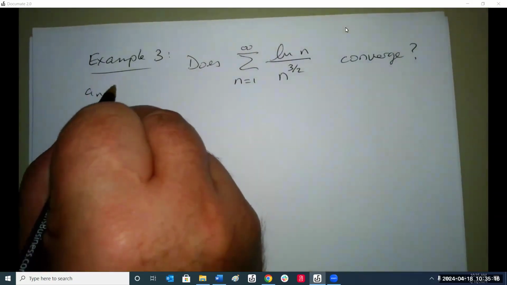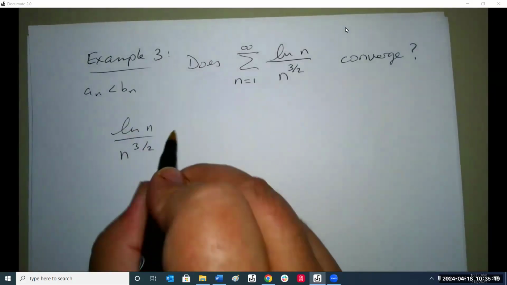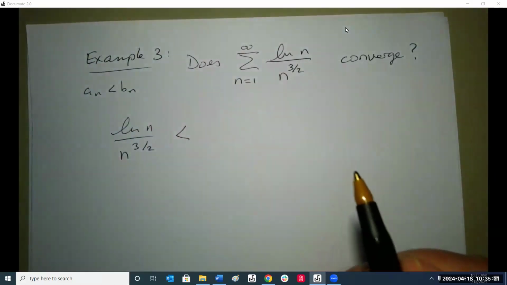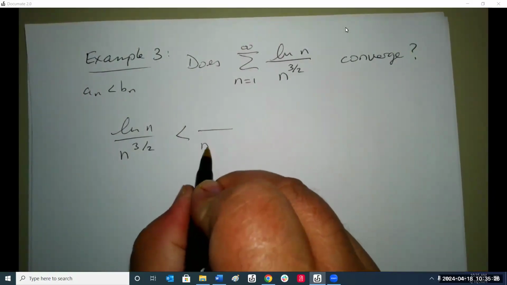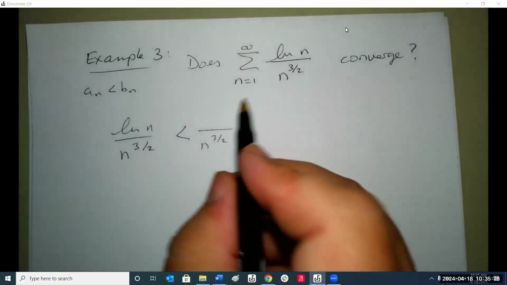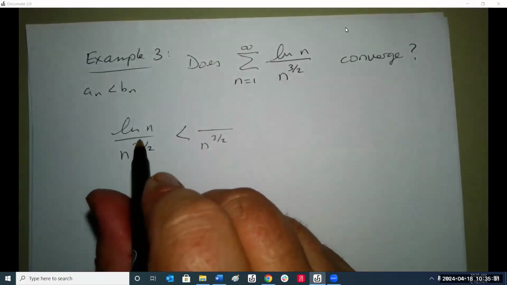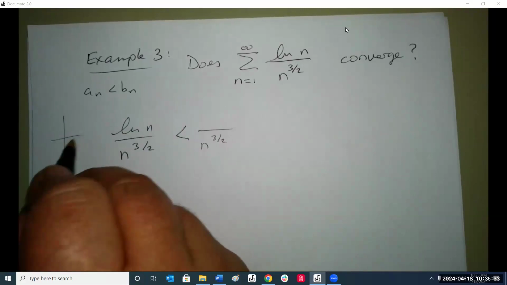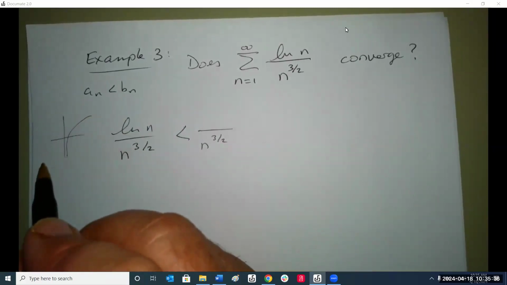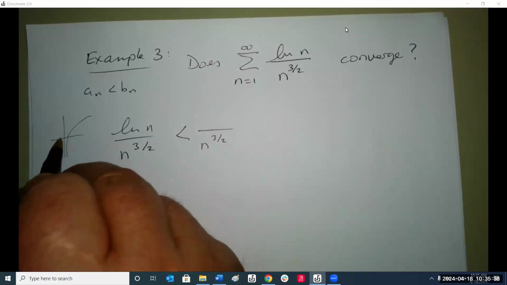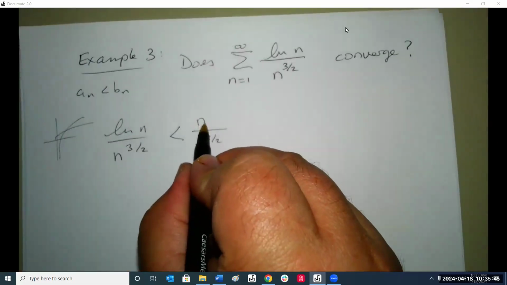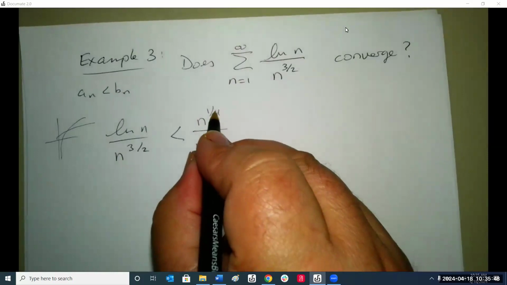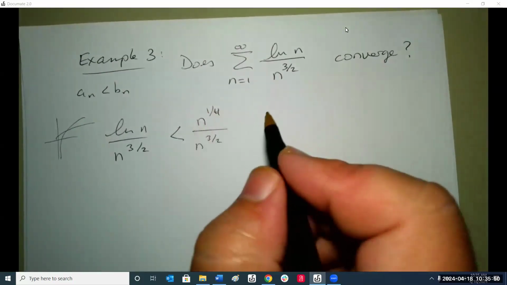We have to have a sub n less than b sub n. So we have to compare it to, ln goes like this. So we do n to the power 1/4 or 1/3 even. But no, 1/3 gives a positive and negative.